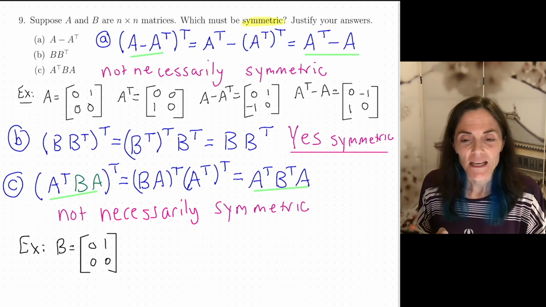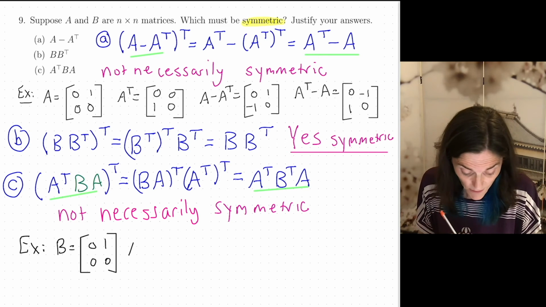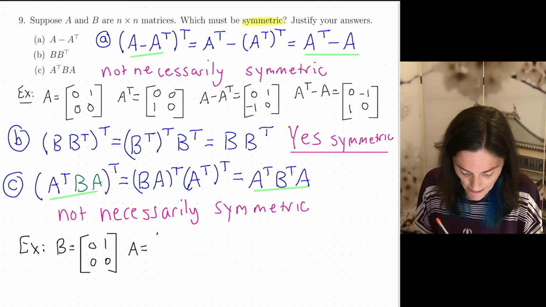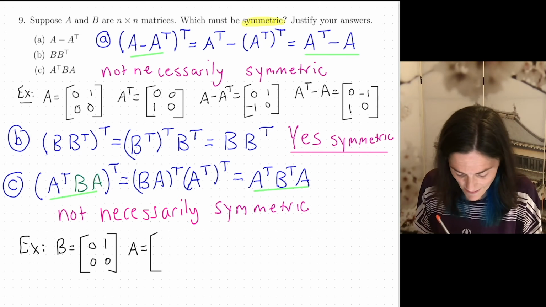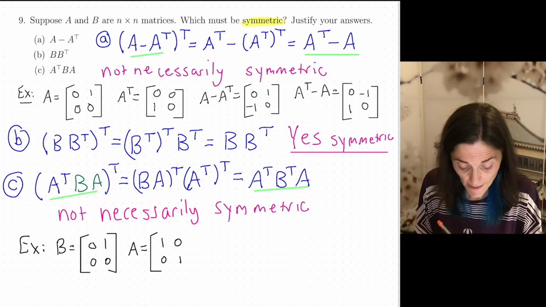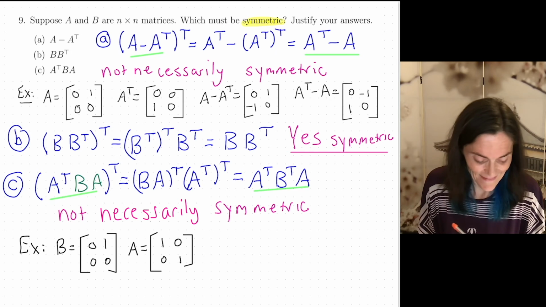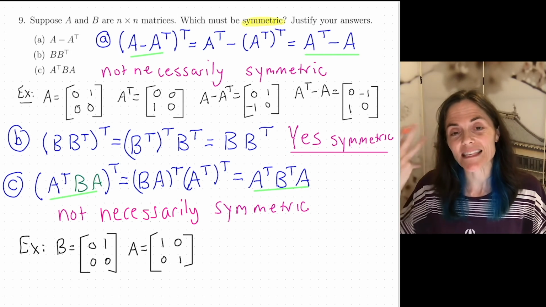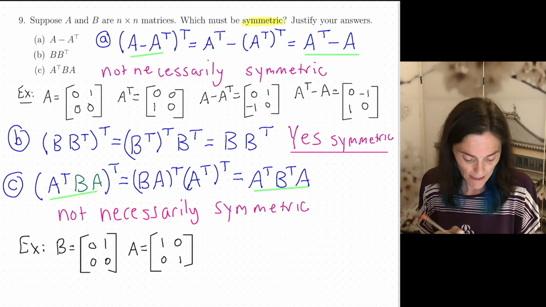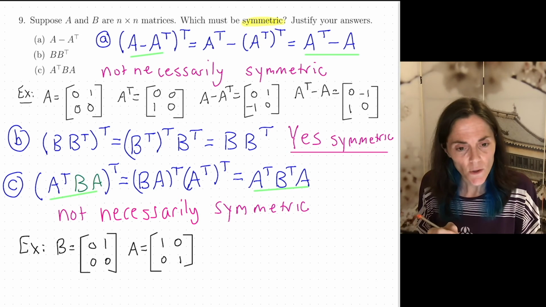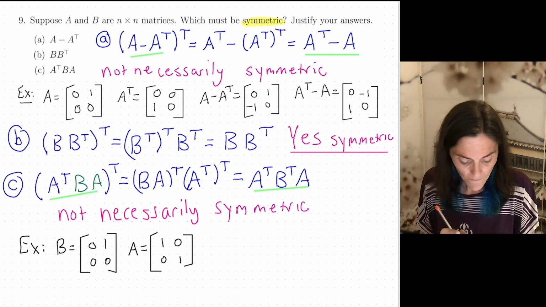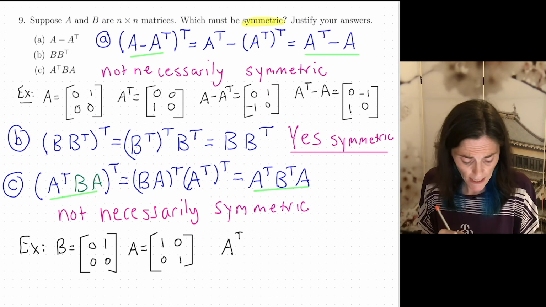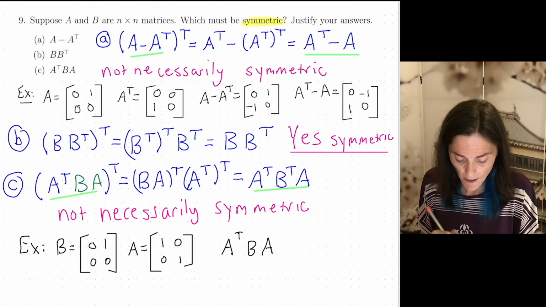And a simple matrix I could justify with would just be the identity, because that's short to do calculations with. Always, when I'm trying to find an example of something that fails, I try to come up with the simplest example I can, just because it makes my life easier. So here, I have these two quantities. First of all, A transpose is A, and if I want A transpose be A, you see I'm multiplying by the identity on each side.